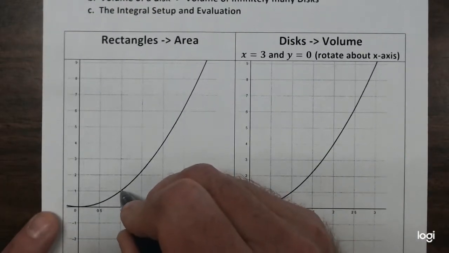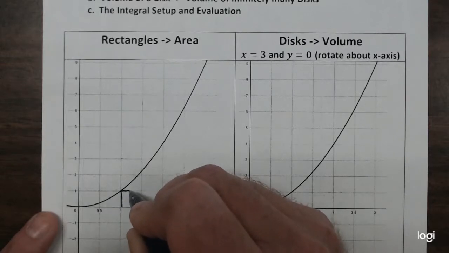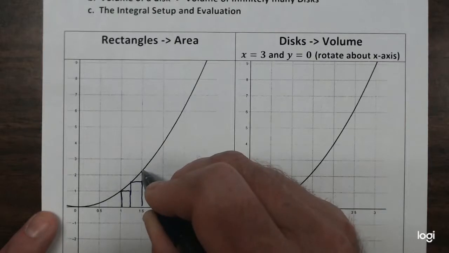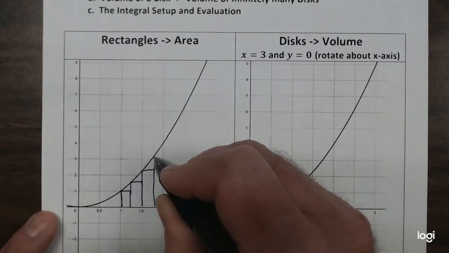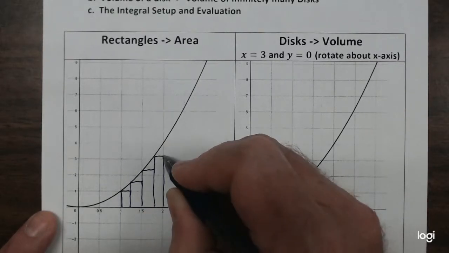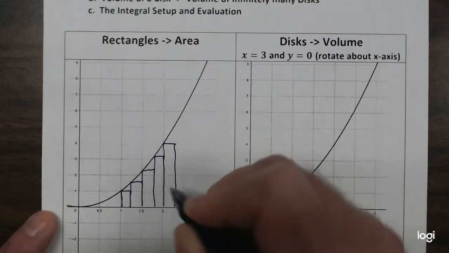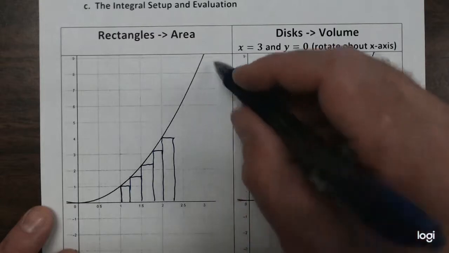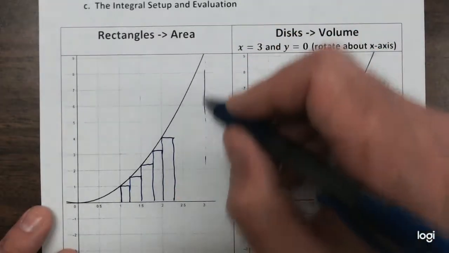I'm going to draw a few of these rectangles. The way you started learning about this was using rectangles to approximate the area under the curve, and I just drew about 5 of them there. But what do we do to approximate the area under this curve right here?